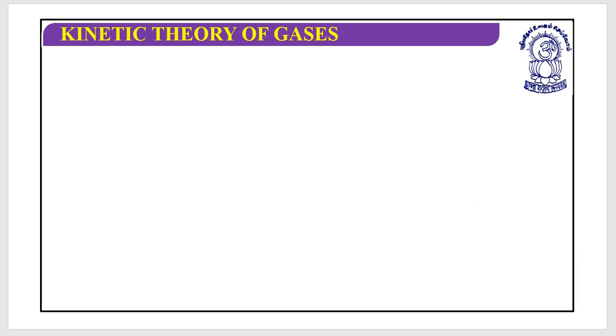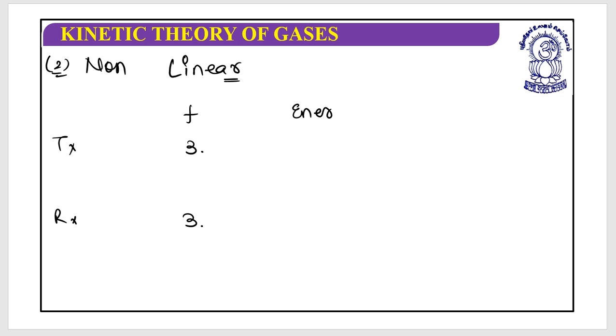And let's talk about the non-linear gases. In the case of non-linear gases, there is translational and rotational motion. Translational has 3 degrees of freedom. Rotational also has 3 degrees of freedom. So the energy of translatory motion is 3 by 2 kBT, and this is again 3 by 2 kBT.